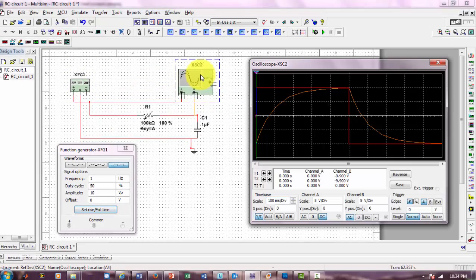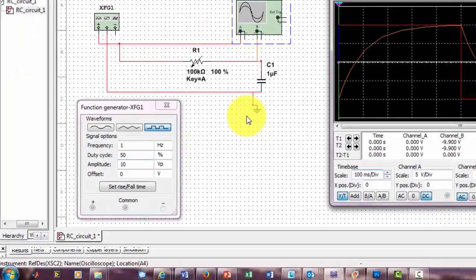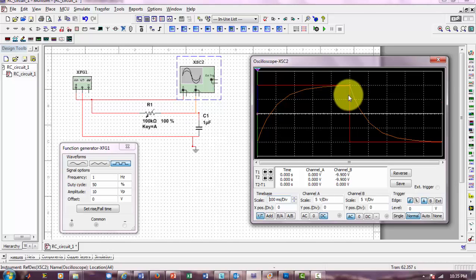Okay, let me click on this oscilloscope here. And the oscilloscope shows the one in red, which is our square wave. So 50% duty cycle implies that it's 50% high at 10 volts, since this has an amplitude of 10 volts, and it decreases to a low at minus 10 volts.